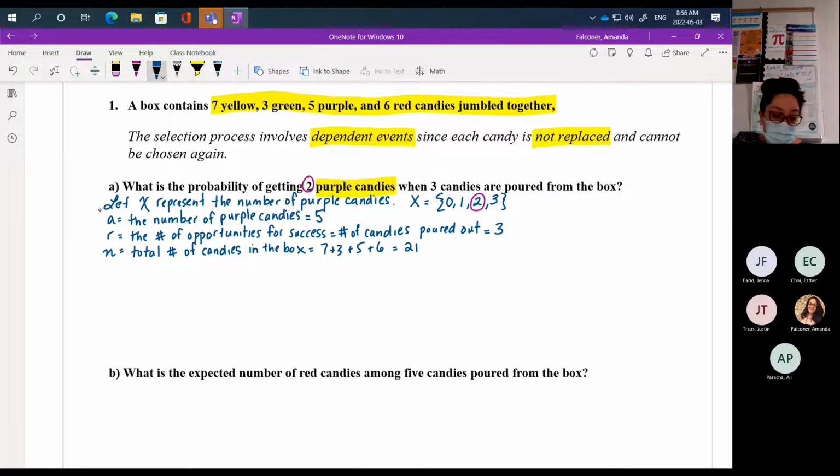So we could fill in the general formula first. Simplify here and say it is A choose little x, multiplied by N, 21 minus A, minus 5.